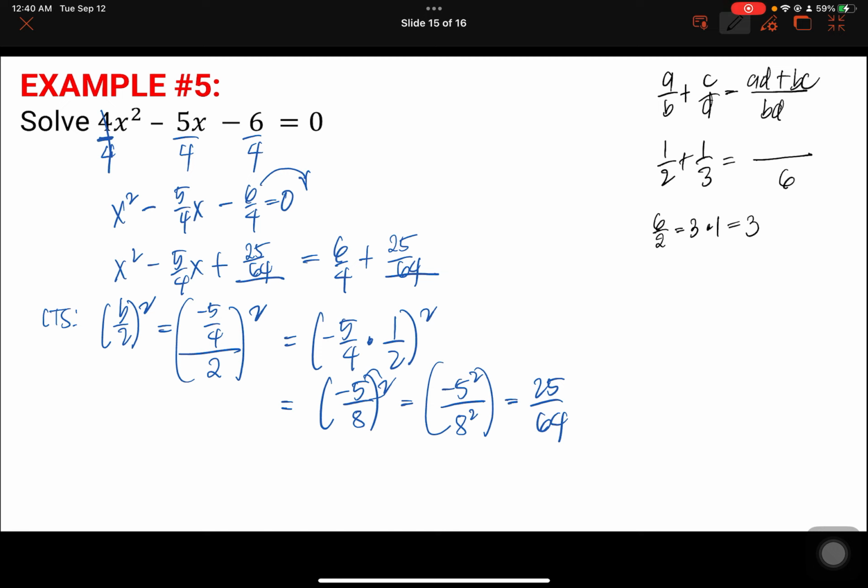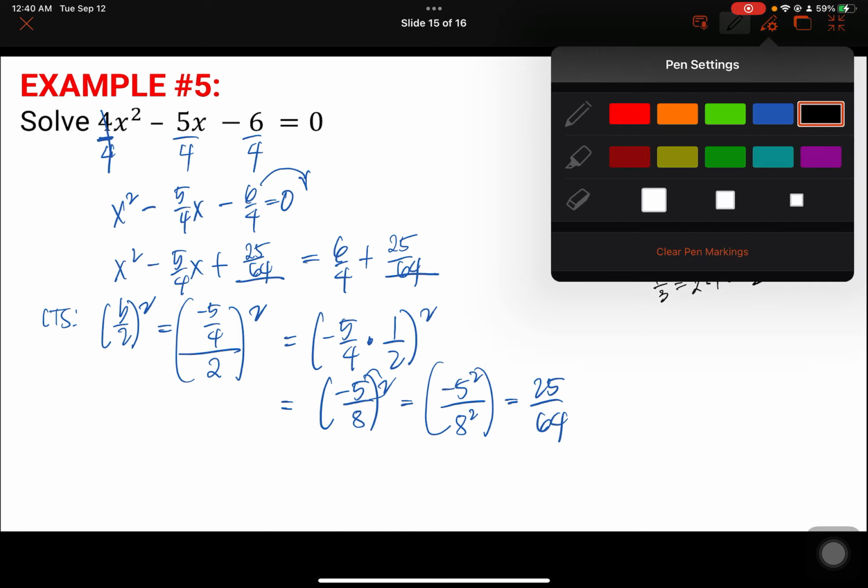So, ito na po yung AD natin. Ito yung A, ito yung D. Kaya, 3 na yung ilalagay natin. Plus, 6 divided by 3 is 2 times 1. So, ito naman yung BC natin. So, B times C is 2 times 1 is 2. So, 3 plus 2 over 6 is equal to 5 over 6.